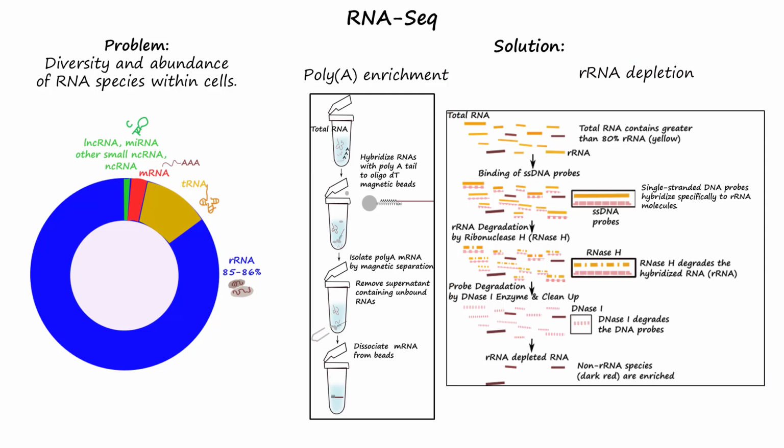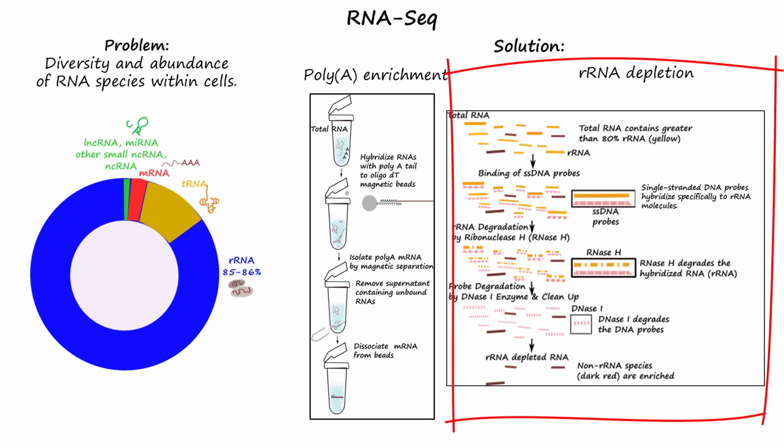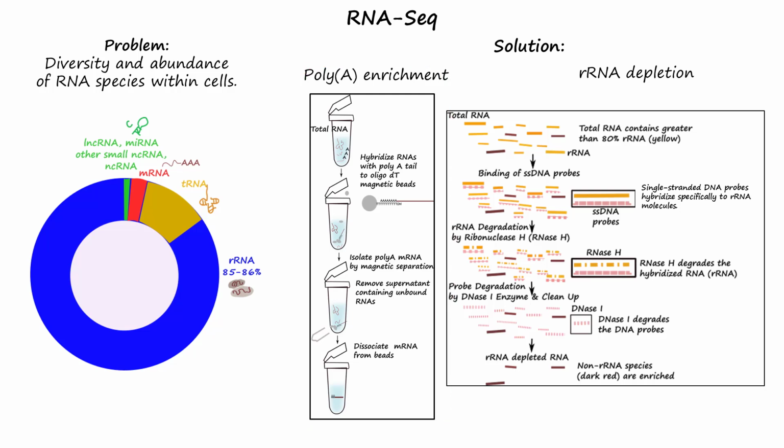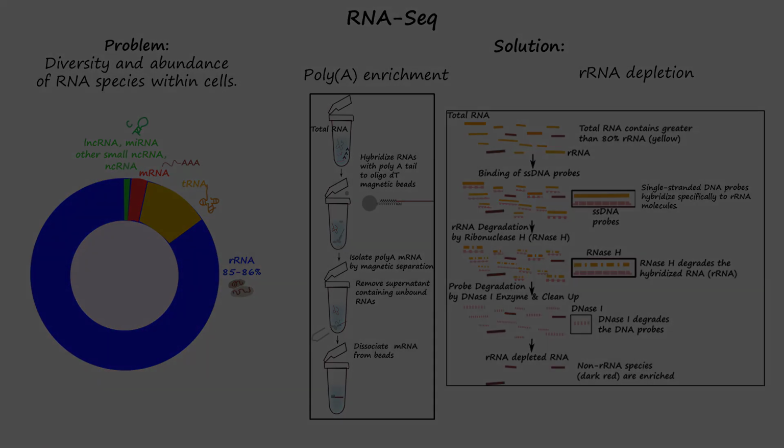The choice on whether to use poly-A enrichment or rRNA depletion represents a trade-off between transcript specificity and transcriptome breadth and ultimately depends on the biological question being addressed.